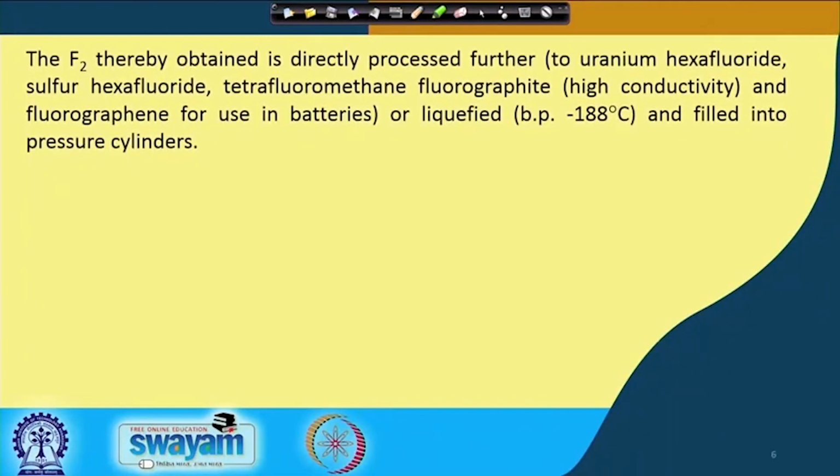So, the idea is very simple, how you get this. We get fluorine, and fluorine obtained is directly processed further. Once you get the fluorine from the electrolysis cell, you can utilize it for making uranium hexafluoride.